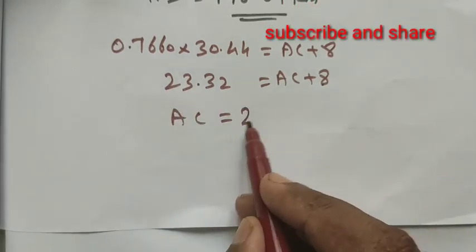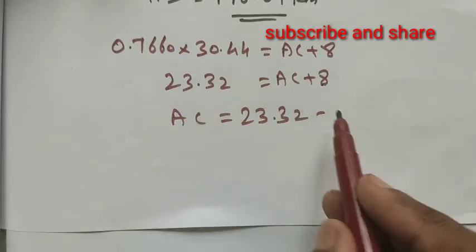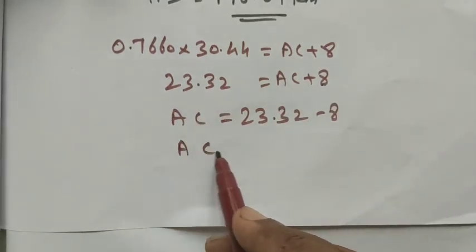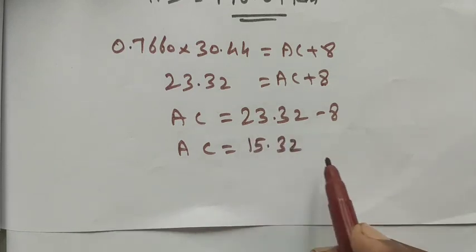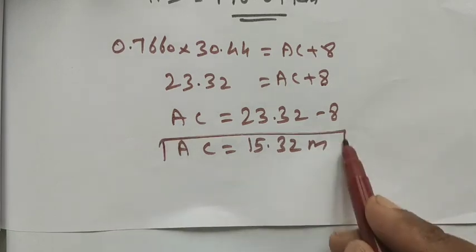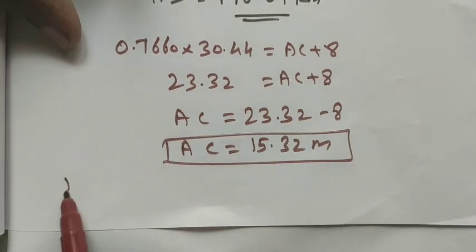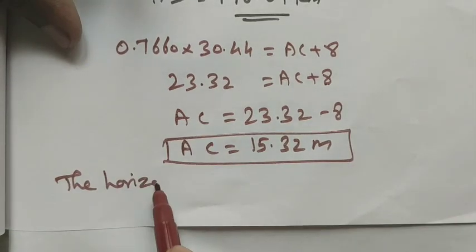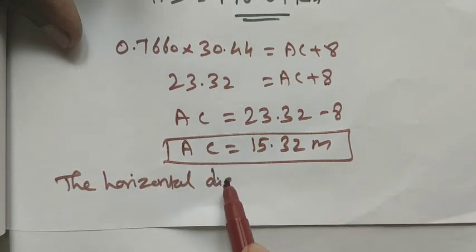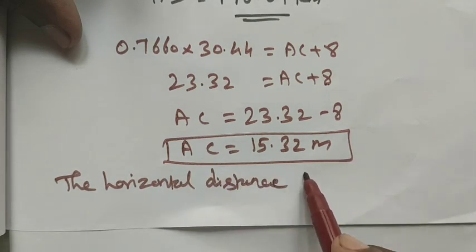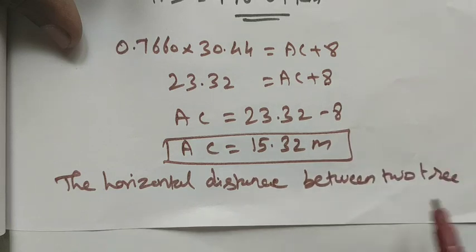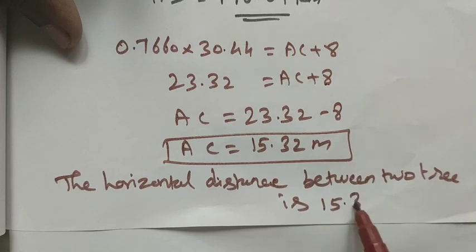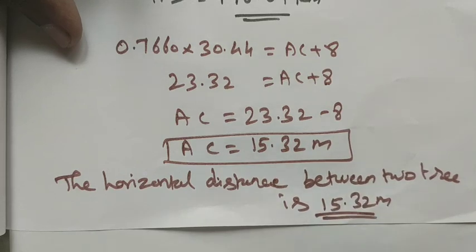AC is equal to 23.32 minus 8, which is 15.32 meters. The horizontal distance between the two trees is 15.32 meters. Thank you, students.